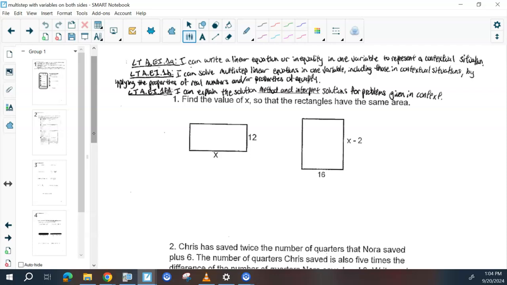Okay, for this problem, it tells us to find the value of x so that the rectangles have the same area. First, how do we find the area of a rectangle? I heard someone say something, but I didn't know what it was. What were you saying?